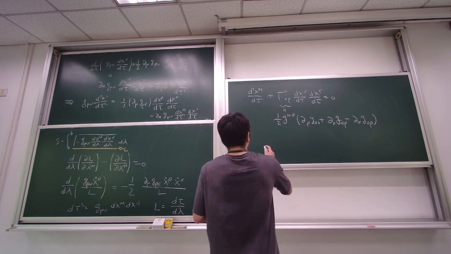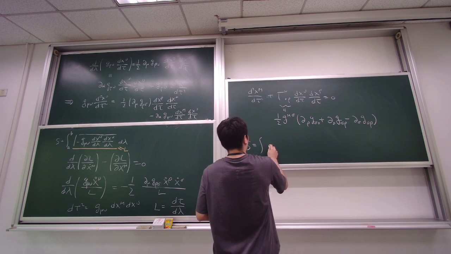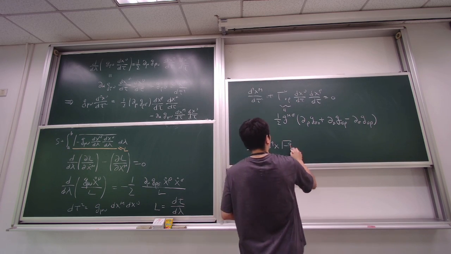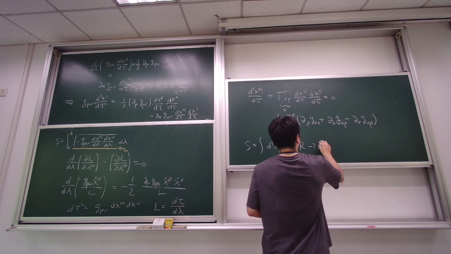And then we start with the Einstein-Hilbert action, d four x square root of minus g, R minus 2 lambda.